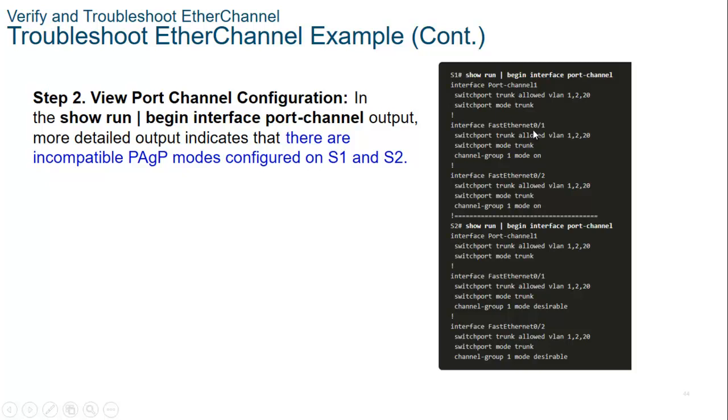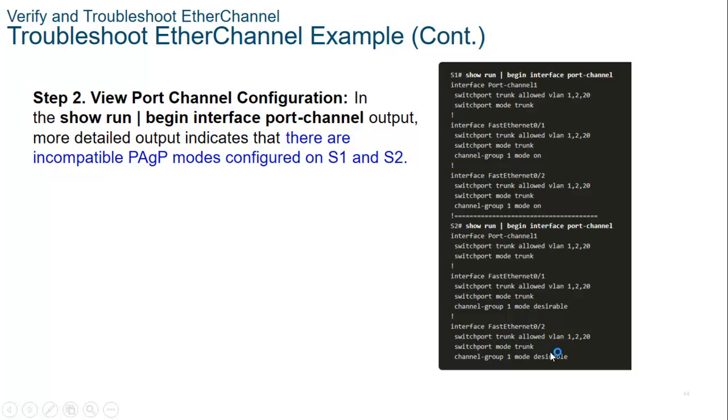Interface FastEthernet 0/1 on S1 is in trunk and the mode is on. Interface FastEthernet 0/2 on S1 is also a trunk and the EtherChannel mode is on. In S2, we see that interface FastEthernet 0/1 is a trunk, but the mode is desirable. And interface FastEthernet 0/2 is also a trunk, but the mode is desirable.